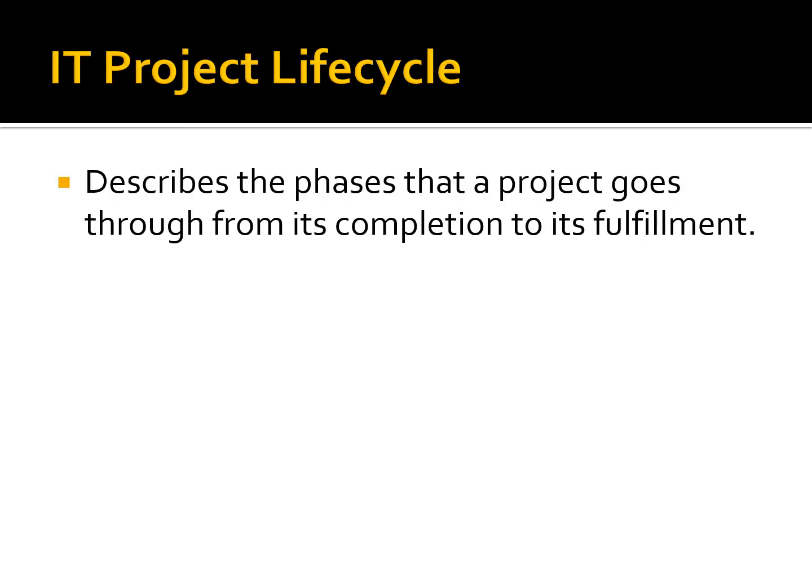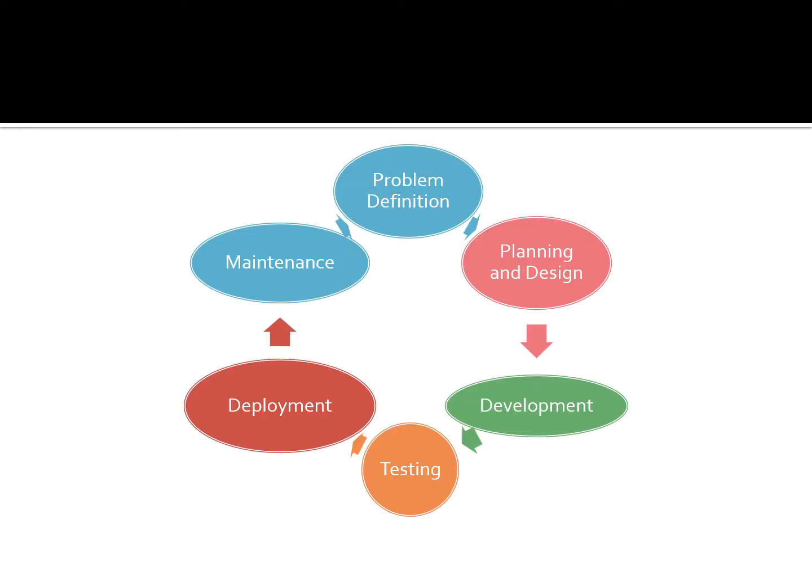So let's start. What is an IT project lifecycle? The project lifecycle describes the phases that a project goes through from its beginning to its fulfillment. We know for a fact that a project has a beginning and end. So the distance from beginning to the end of the project is what we call its life cycle.